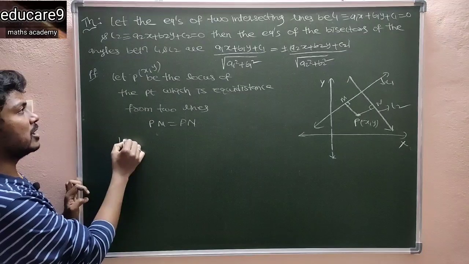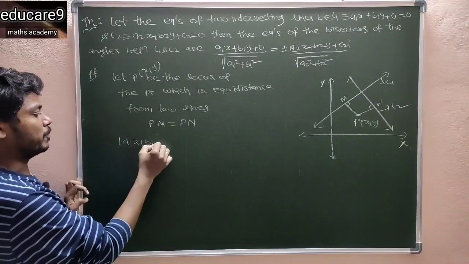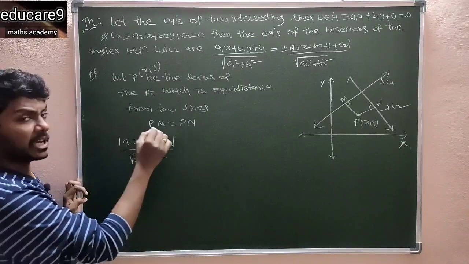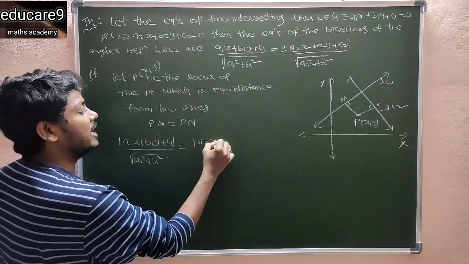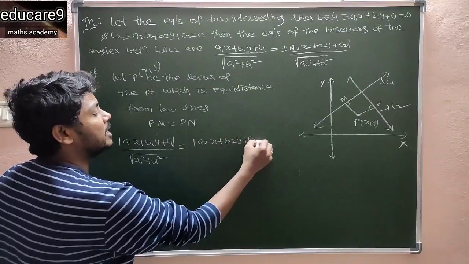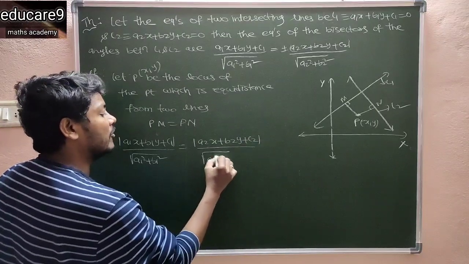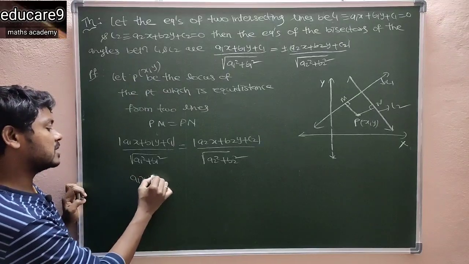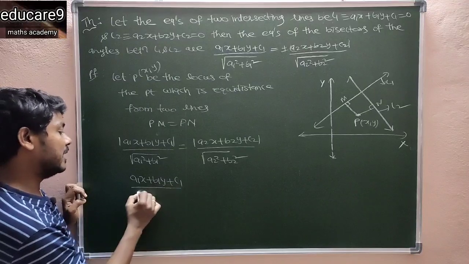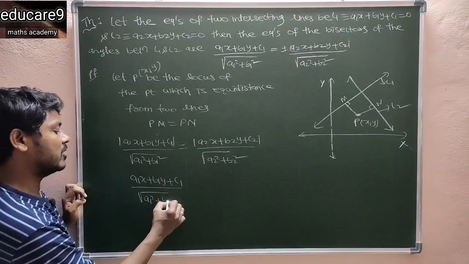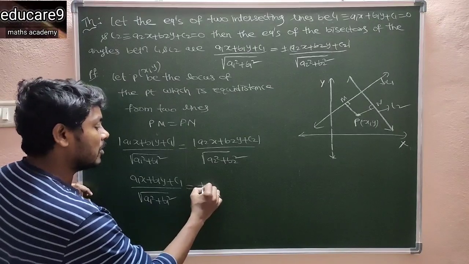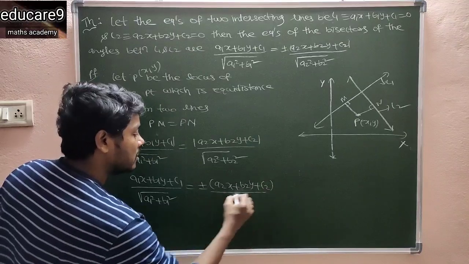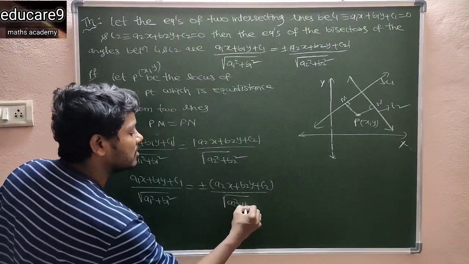That is modulus of A1x plus B1y plus C1 by square root of A1 square plus B1 square, equal to modulus of A2x plus B2y plus C2 divided by square root of A2 square plus B2 square. Remove the mod, and you will get A1x plus B1y plus C1 divided by square root of A1 square plus B1 square equals plus or minus A2x plus B2y plus C2 by square root of A2 square plus B2 square.